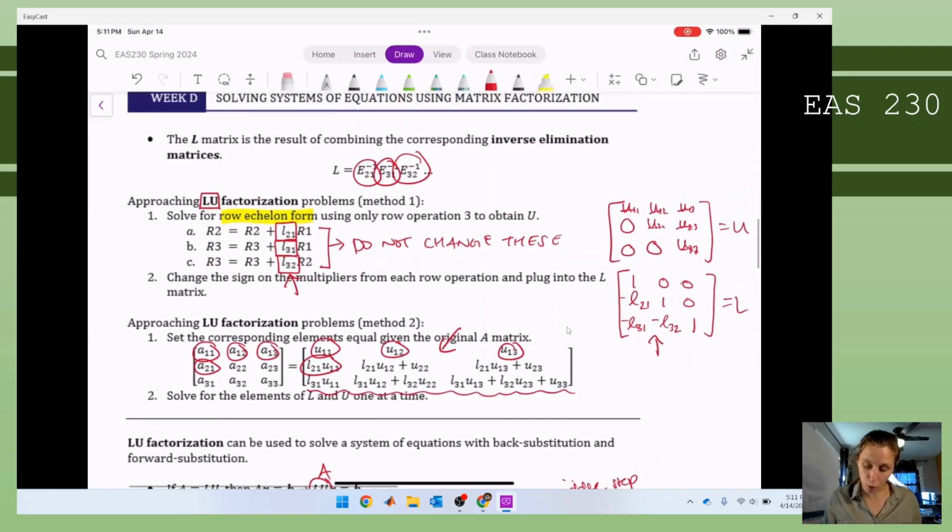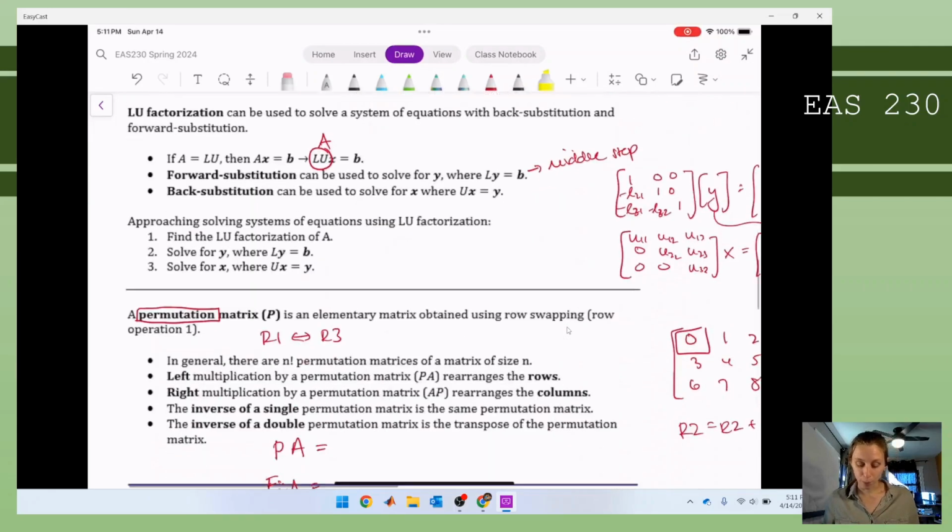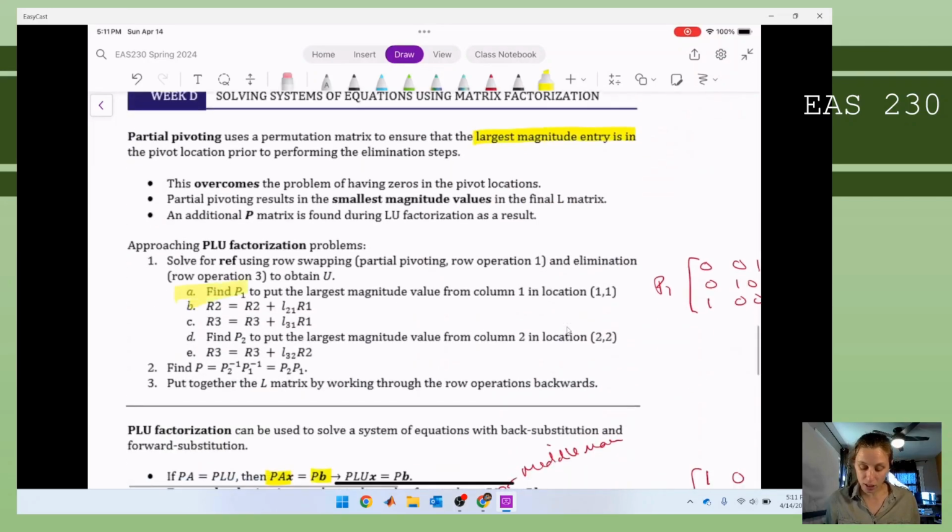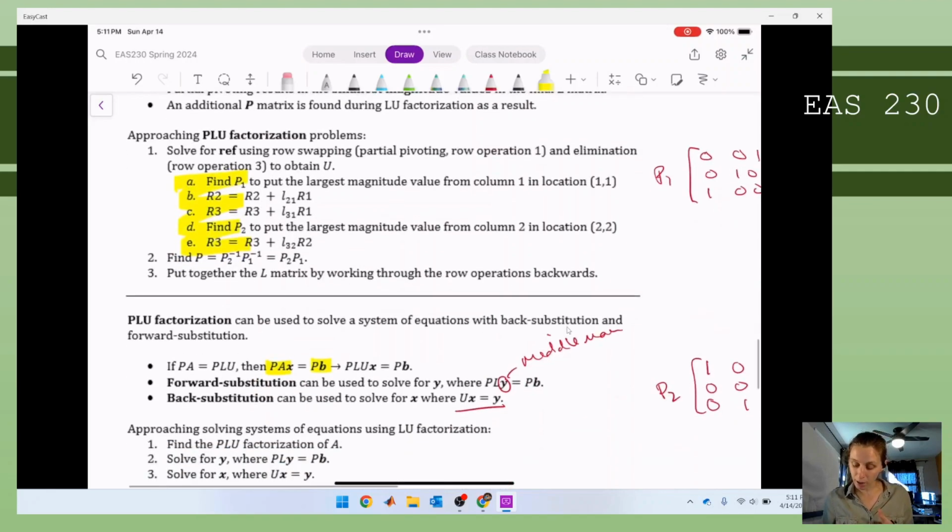For PLU, same thing. The rest of it is just putting the matrices together and solving our system using this middleman, and then solving it with UX equals Y, where these are much easier systems to solve compared to using substitution.